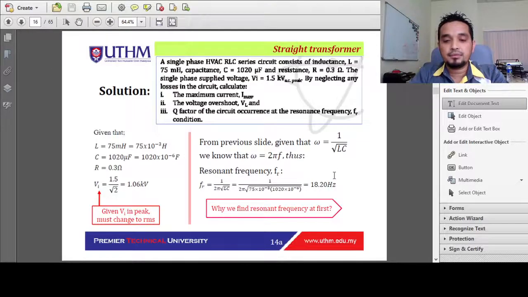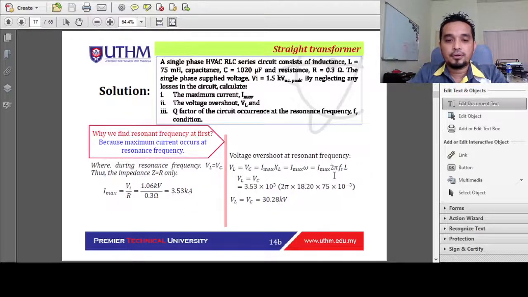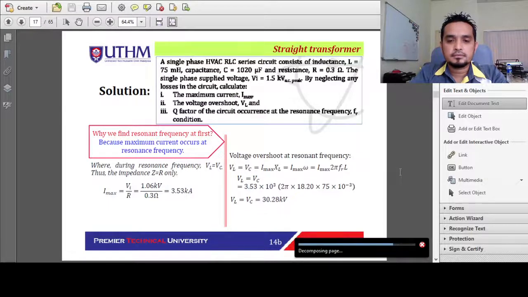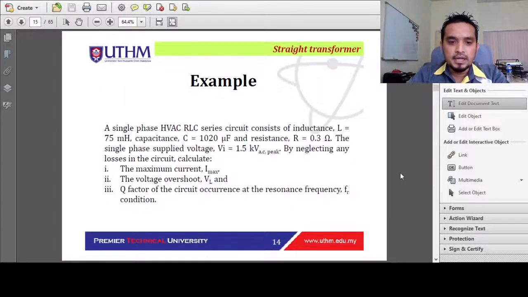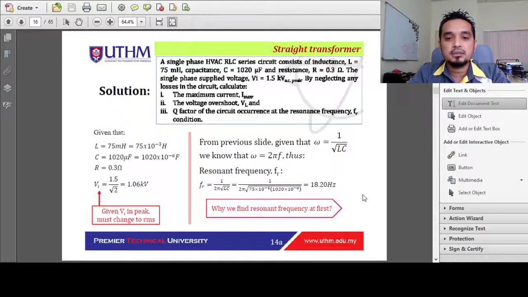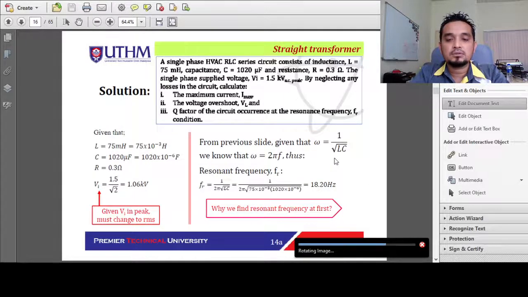As I explained before, the maximum current we can achieve only during the resonance. That's why we need to determine the resonant frequency. How to determine it?